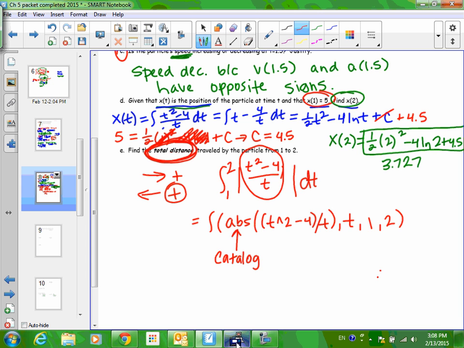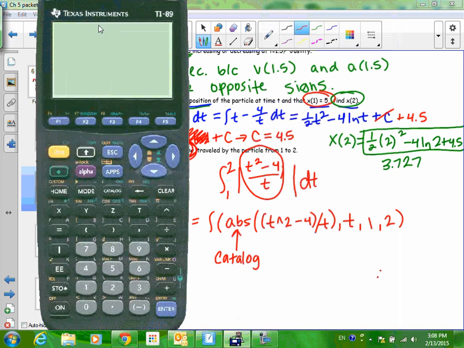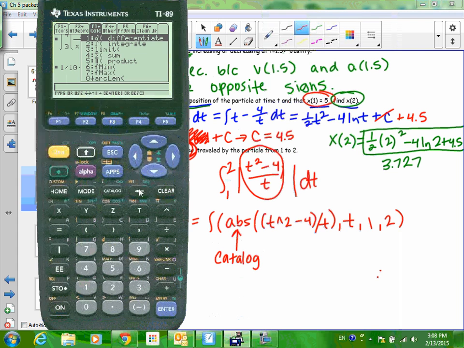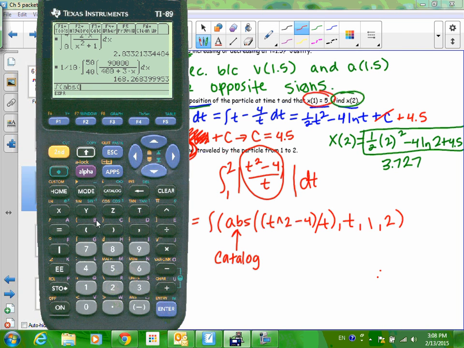Okay, I'm going to show you on the calculator right now, so it's going to actually cover it up, which I hate. Let's see, maybe I'll just move it over here. There we go. So we do F3, we integrate, go catalog ABS, put an extra parenthesis for the t squared minus 4, divided by t, close the parentheses because you're done with absolute value, comma t, comma 1, comma 2.